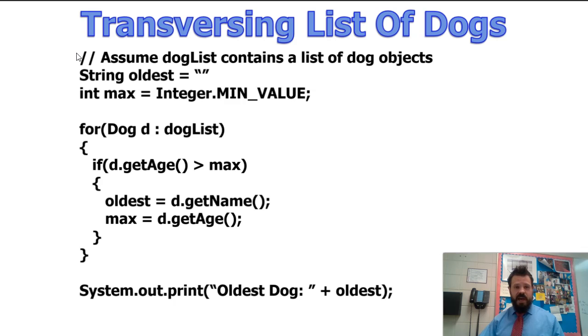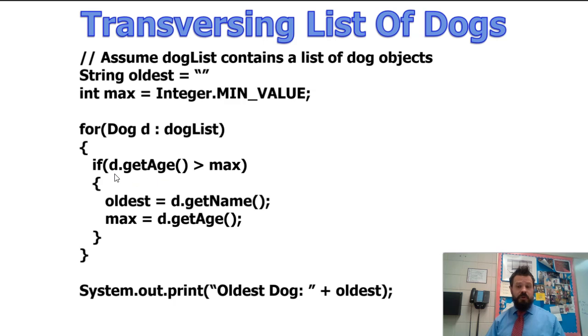So same idea, we've got the dogList. We'll make a string for oldest, set it to nothing, and we'll start our max off as the minimum value in Java. And then we're going to loop for every dog object, we'll call it d, in dogList. So this is going to loop through our whole dogList. We can say if d.getAge is greater than max. And this is where our enhanced for loops really start getting handy.